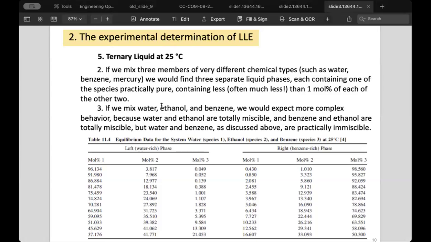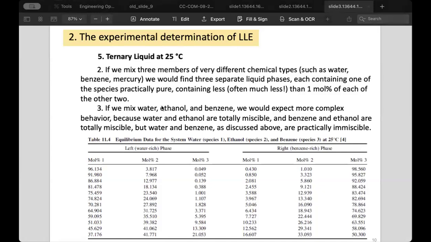Now we consider the ternary system. You can think of it like this: we start from water and benzene, where it's practically insoluble, and then we add ethanol into the system. What happens if you add ethanol into the system? Of course, ethanol will separate.